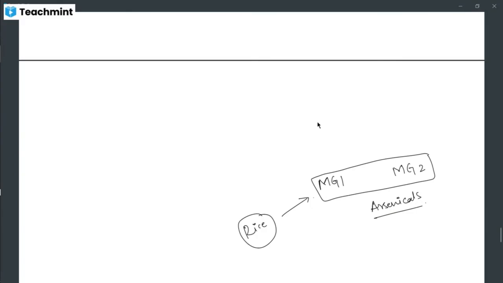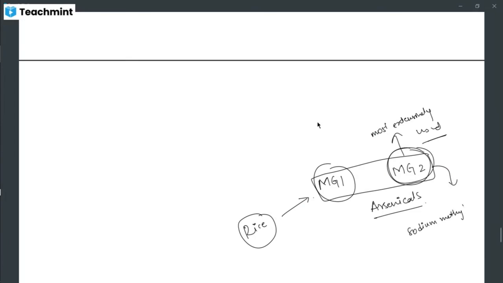Among these, MG2 is most extensively used in China. MG2's common name is sodium methyl arsenate, and MG1's common name is zinc methyl arsenate.